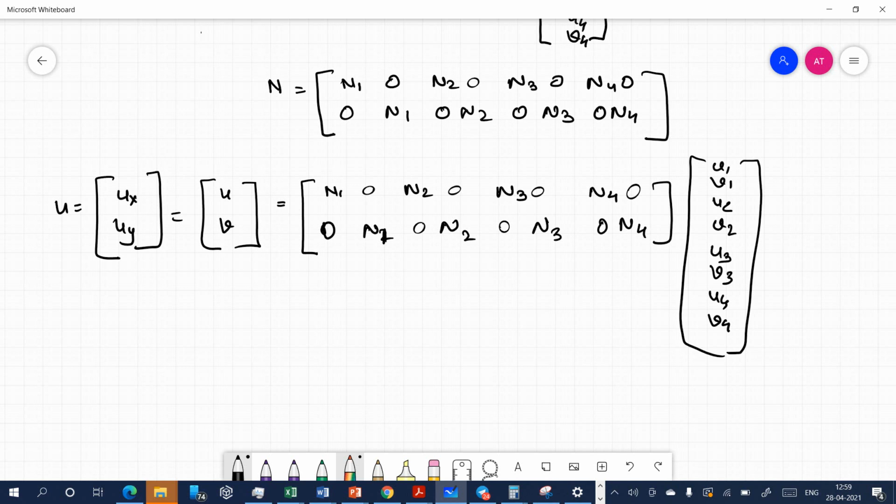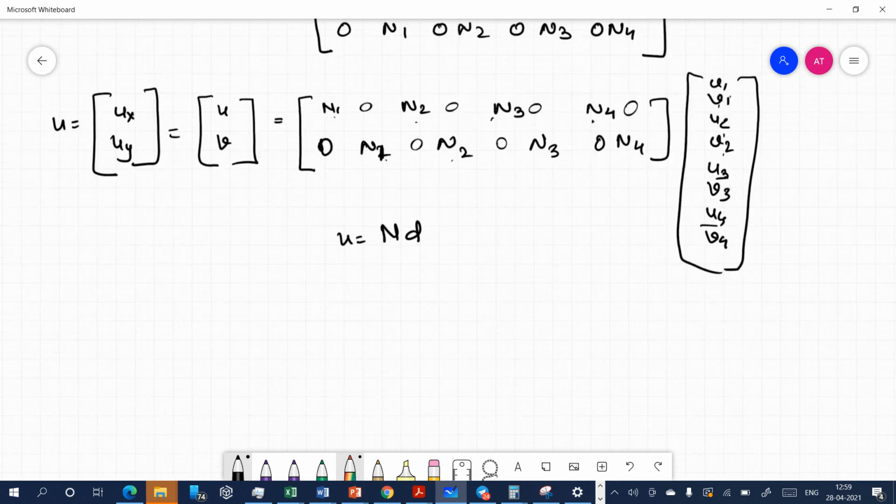So at any point in the element, the value of u will be N1 u1, N2 u2, N3 u3, and N4 u4, and v will be N1 v1, N2 v2, N3 v3, and N4 v4. So this is how we get the values of the displacement. Okay, so this we can simply write as u is equal to N into D matrix, right?